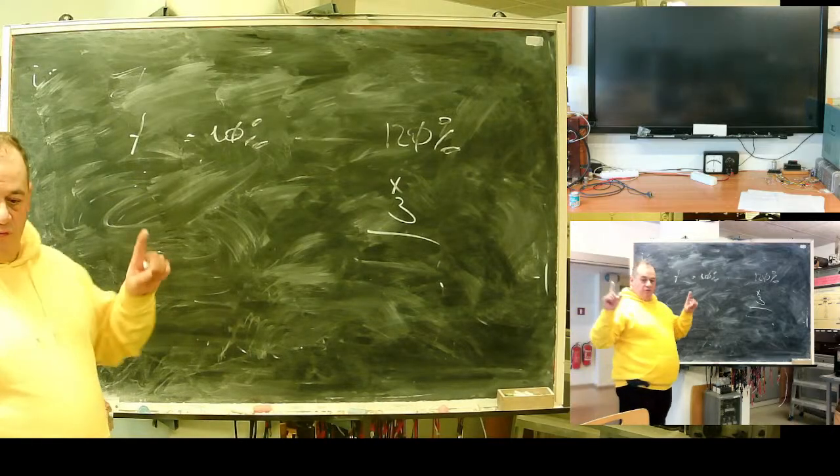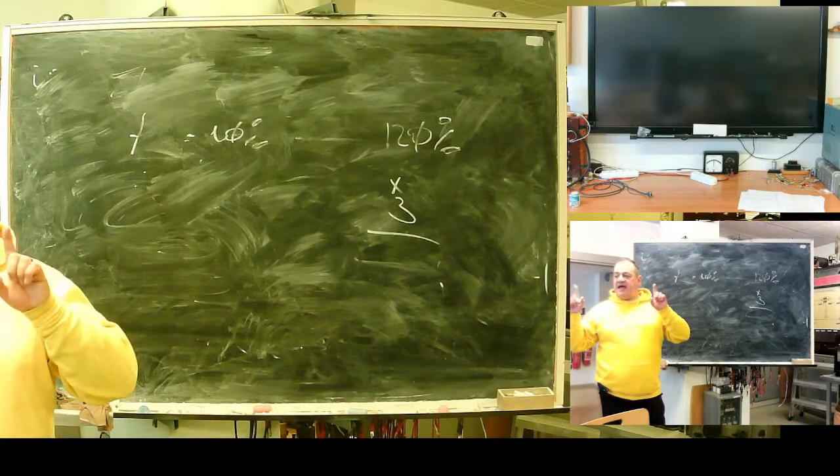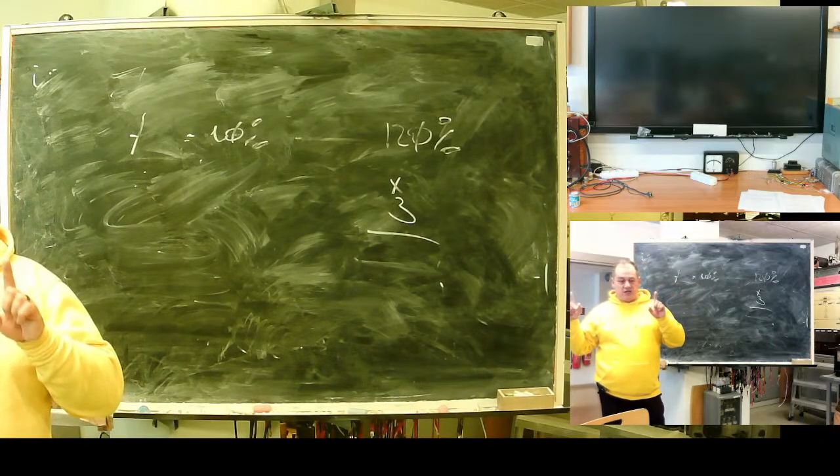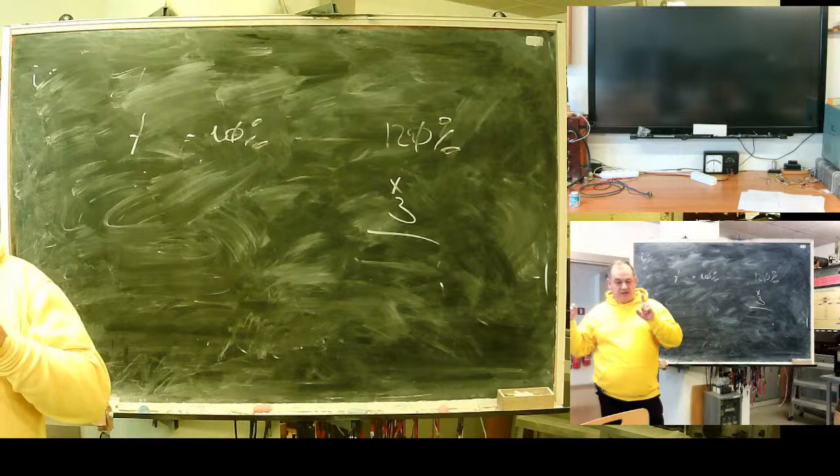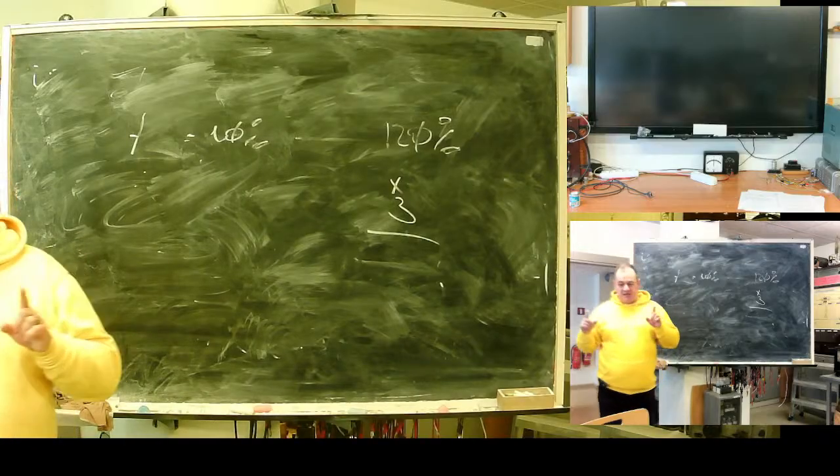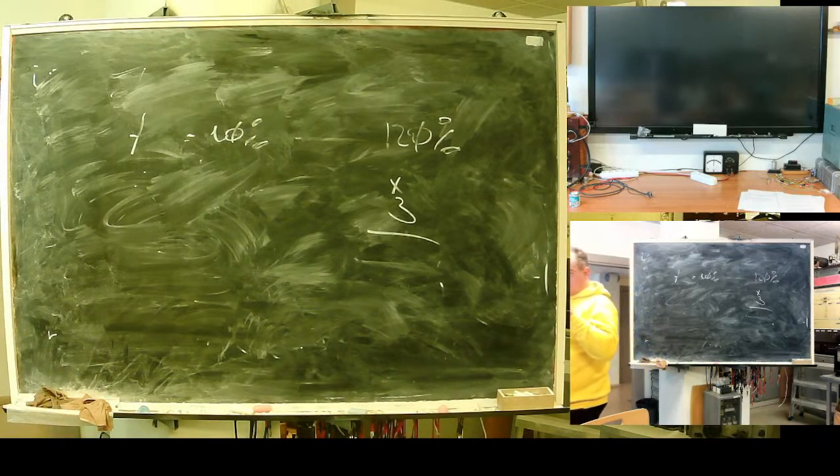It's an earth fault protection for generators. It compares levels of third harmonic difference on the neutral side and the network side of the generator.